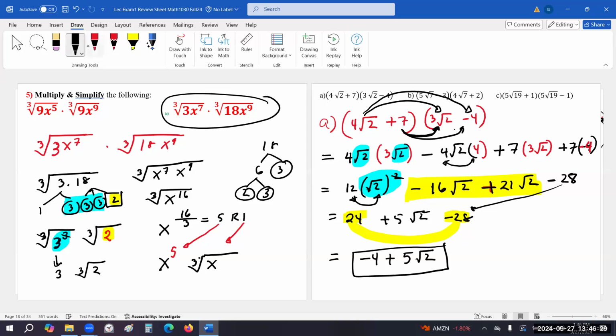Cube root of x with a power 1. But we don't have to write 1. I'm just writing to remind you that whatever remainder we have goes back inside the radical as a power. So we divide, the whole number goes outside, the remainder goes inside.